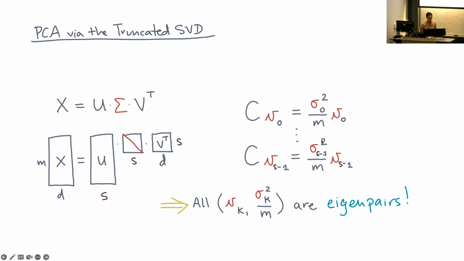Notice each one of these equations on the right-hand side involves a right singular vector and its corresponding singular value. The left singular vector has canceled out in the process of substituting it into C, but it was there at some point.